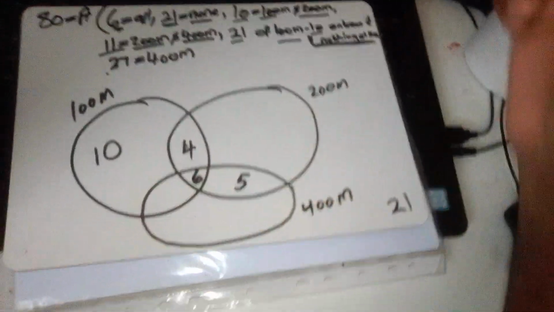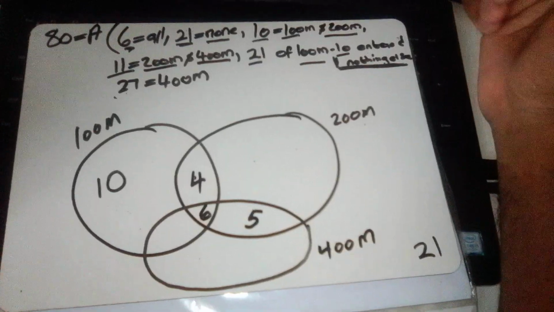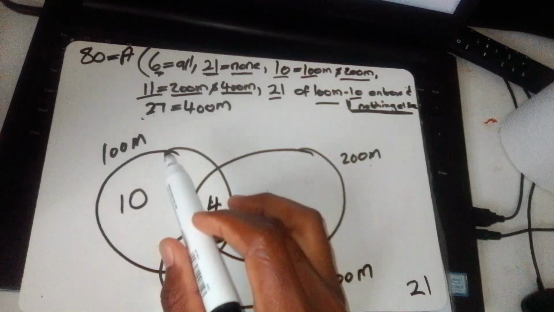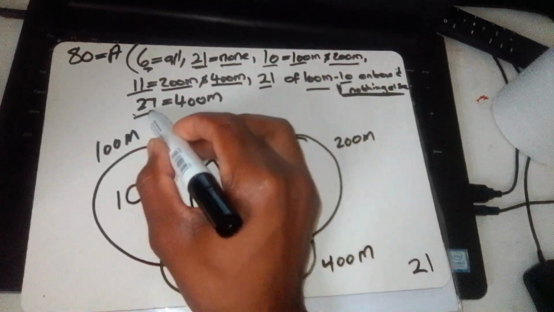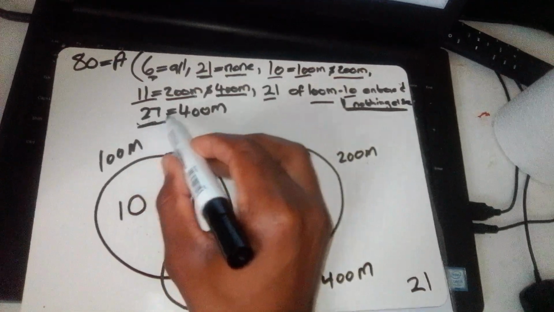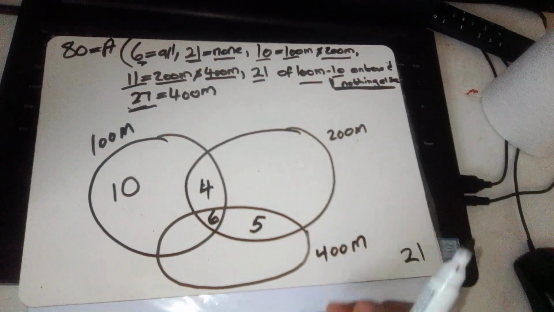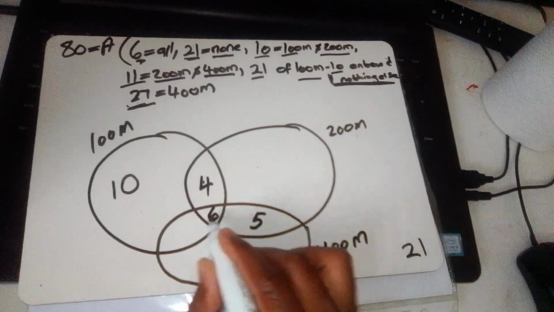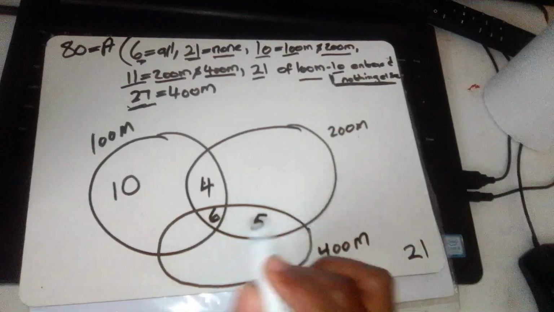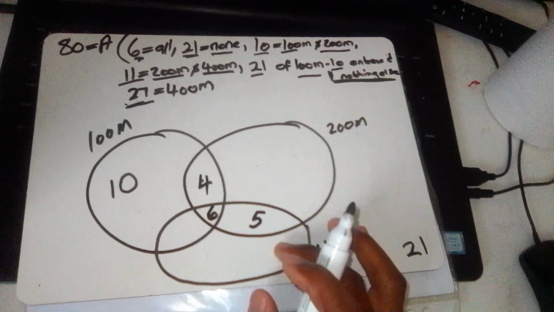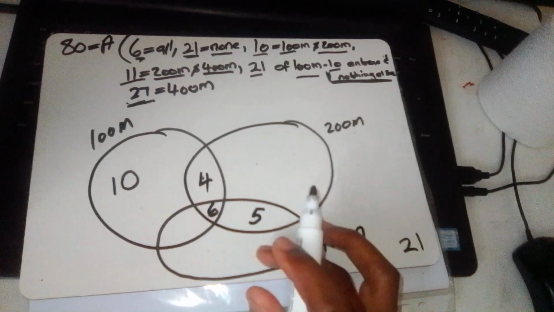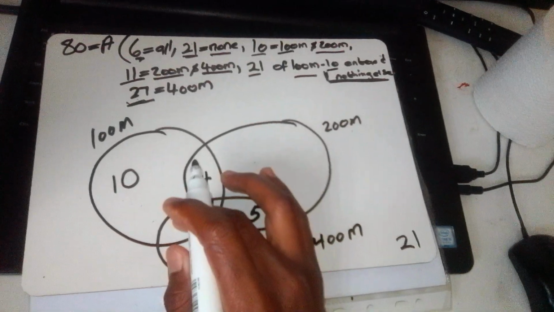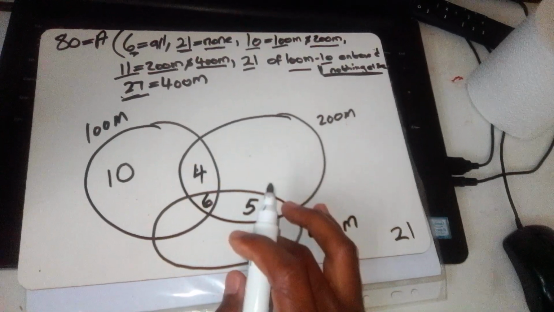Now they say 27 entered 400. But before we find this one, we need to complete the other one. We can't do this one as yet because we have 2 spaces. So let's do this one because it's only 1 space. If we find this one, it's going to help us find the other.